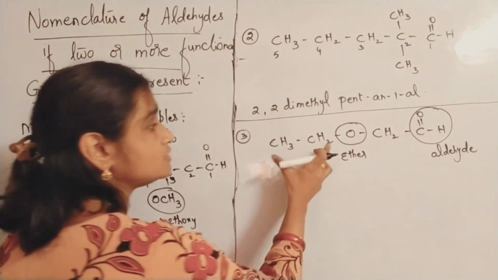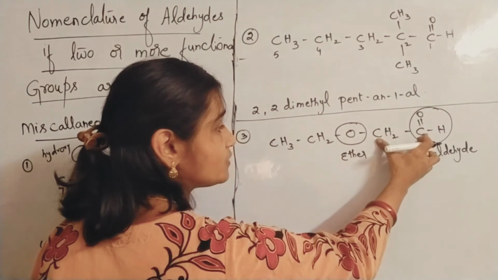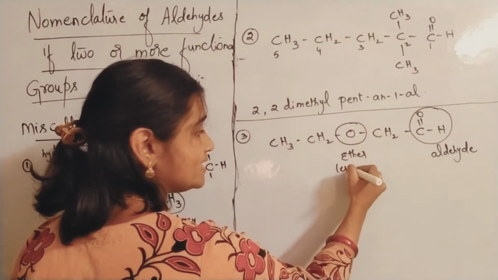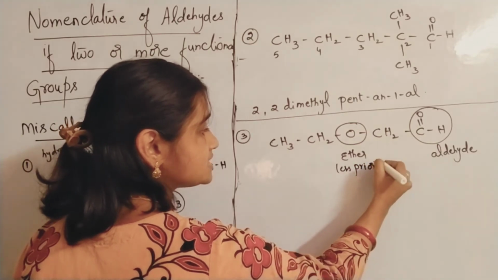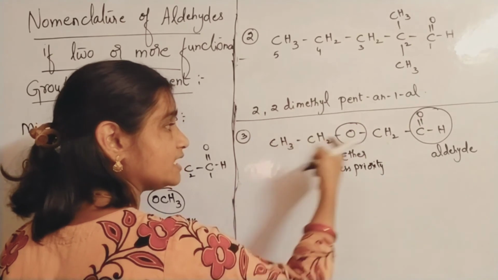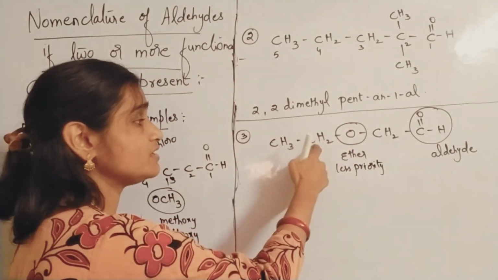Okay, so this will become what? Ethoxy. Okay, this is the main priority functional group, so this will become your parent chain. Okay, this is less priority. Please understand carefully. This is less priority. So this will become what? Ethoxy. 2 carbons are there with the oxygen.